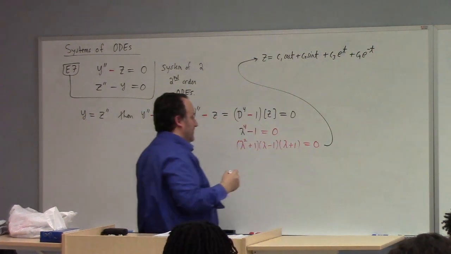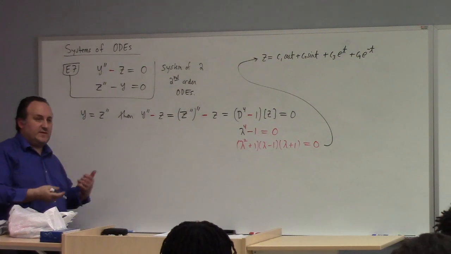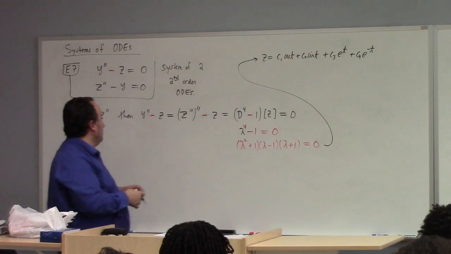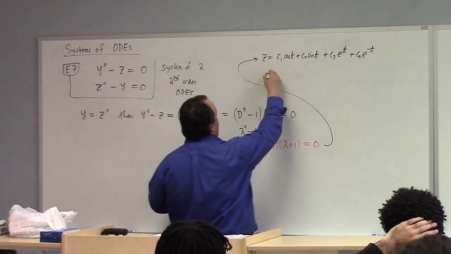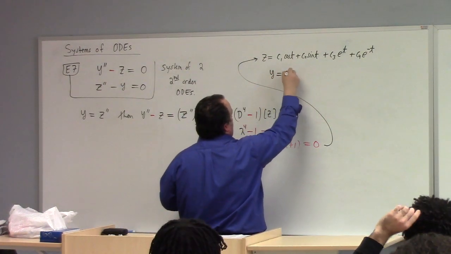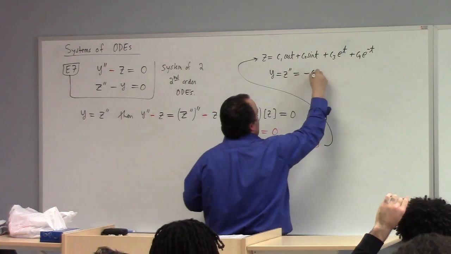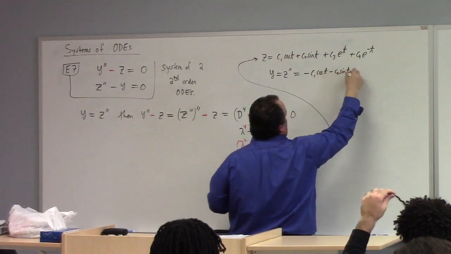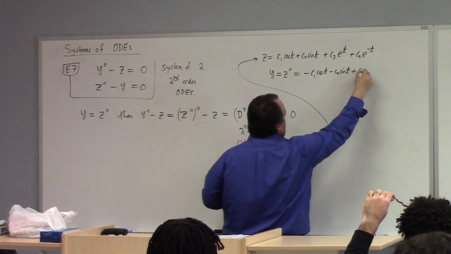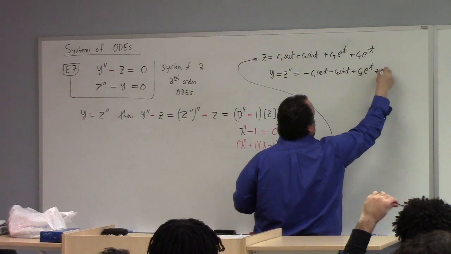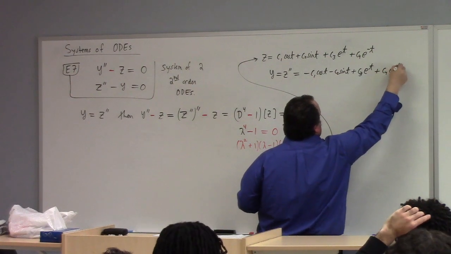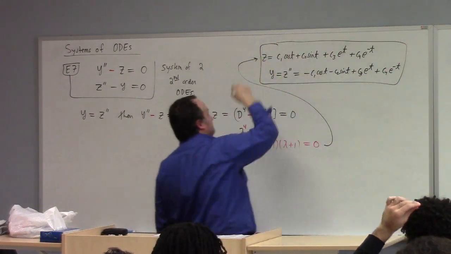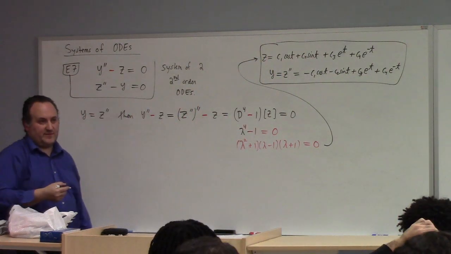There you go. We know how to do that already. And then what's the y? Y is equal to z prime prime, which is equal to minus c1 cos t minus c2 sine t plus c3 e to the t plus c4 e to the minus t. So there's your solution. That wasn't too bad after I adjusted the problem.